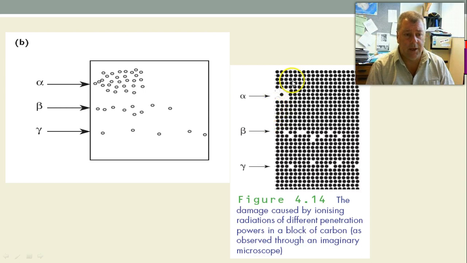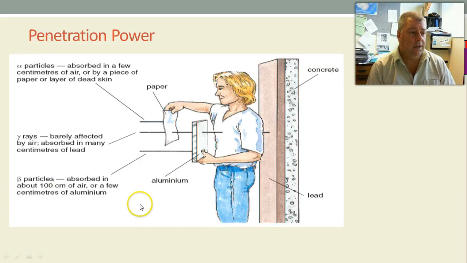Another diagram here where you've got all these atoms, little black dots, and the white dots represent where ionization has occurred. And lastly, another figure here where we've got alpha particles here on the top, gamma rays here, which is a bit strange, they should have put beta there, and then beta particles down here. And first of all, the alpha particles are stopped by a piece of paper.